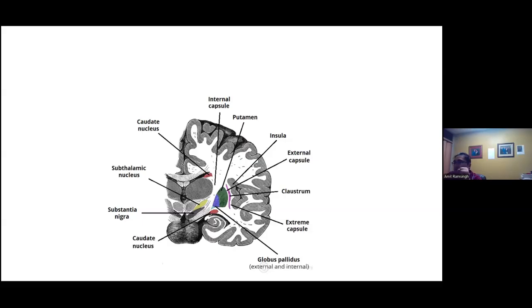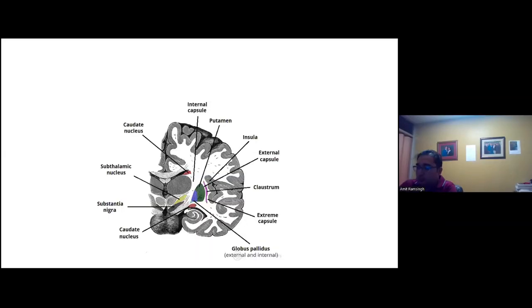Another contribution is the anterior choroidal artery, derived from the internal carotid near the terminal portion.